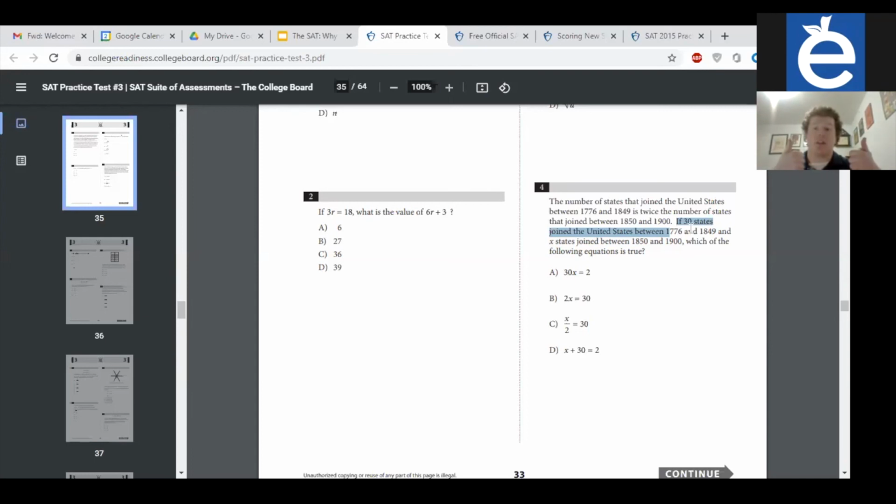So when it tells us the number of states that joined the United States between 1776 and 1849 is twice the number of states that joined between 1850 and 1900, we can say that 2x is equal to 30.